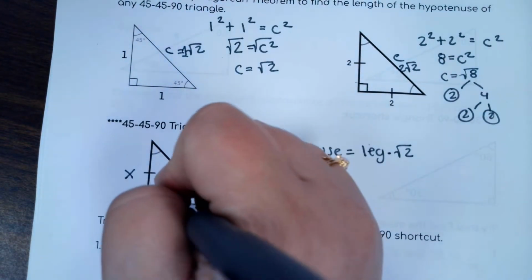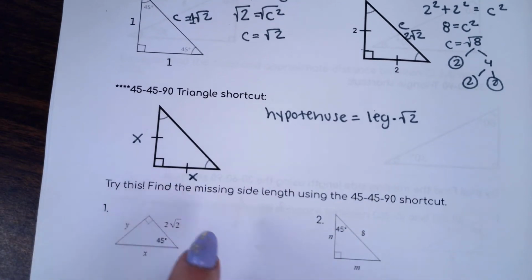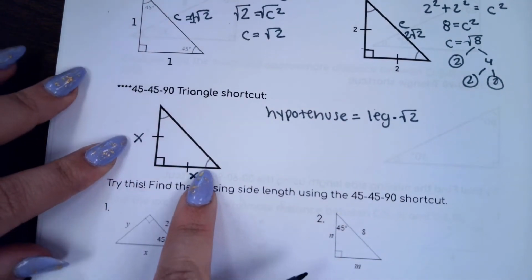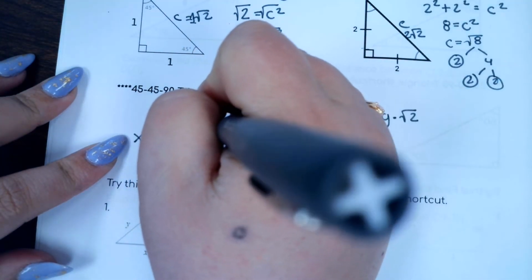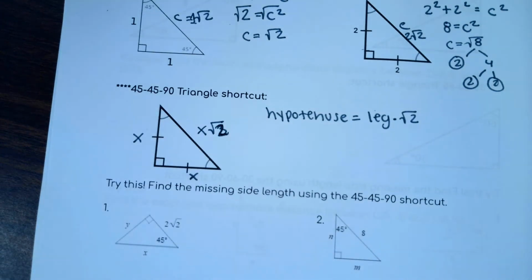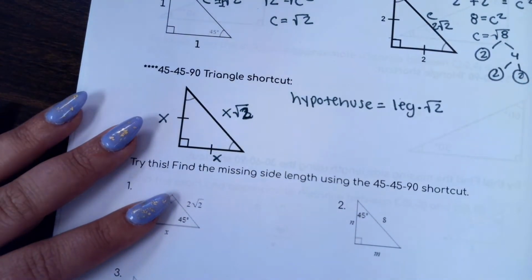So if we say our legs are x, remember they have to be congruent, whatever x is, our hypotenuse is going to be x root 2. So let's look at some examples to really see what I mean here.